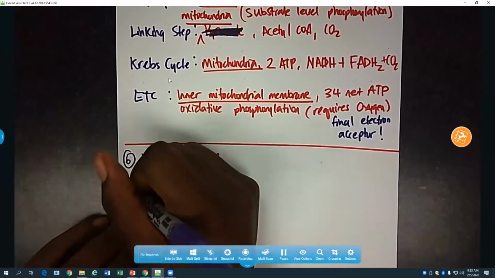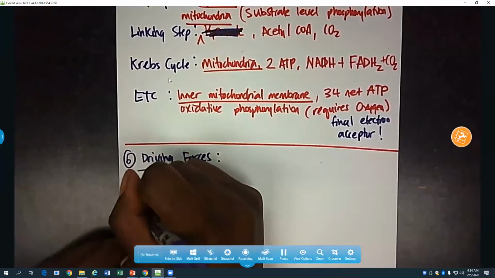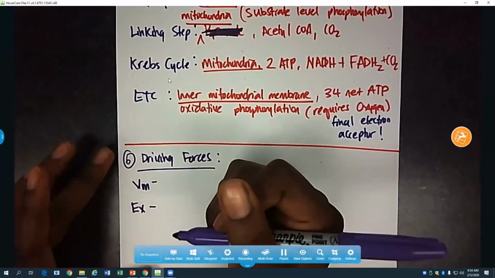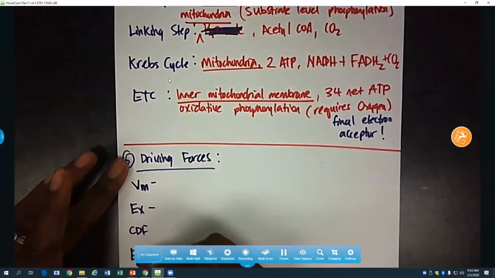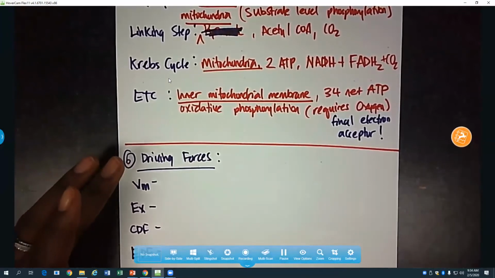Okay, let's just put down some terminology here. We had the membrane potential, we had the equilibrium potential, okay, we had the chemical driving force, the electrical driving force, and let's describe what these things mean.